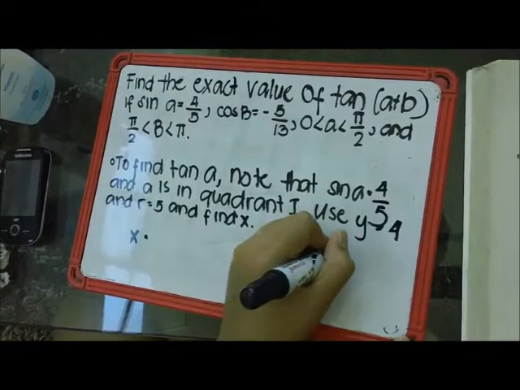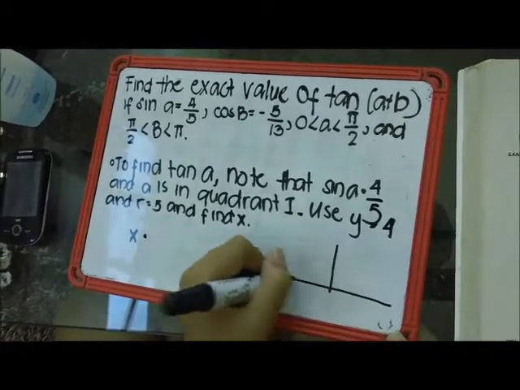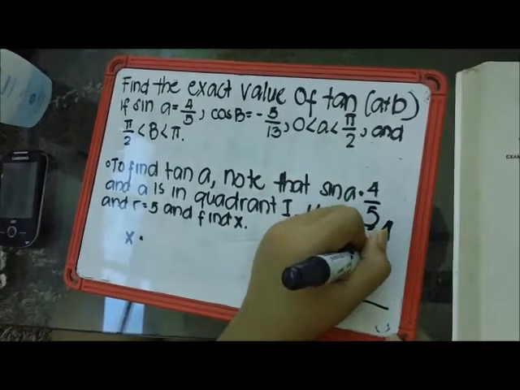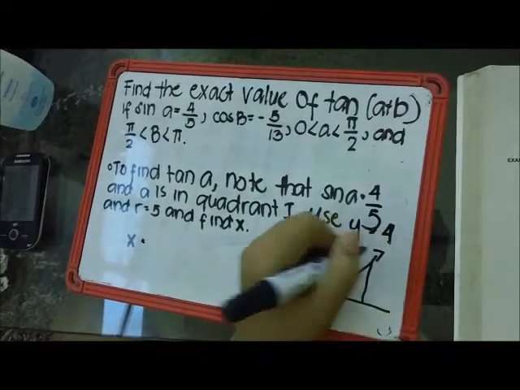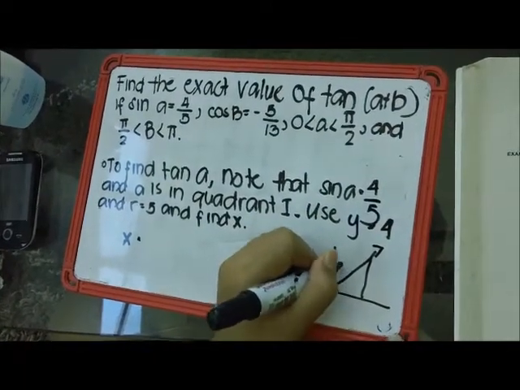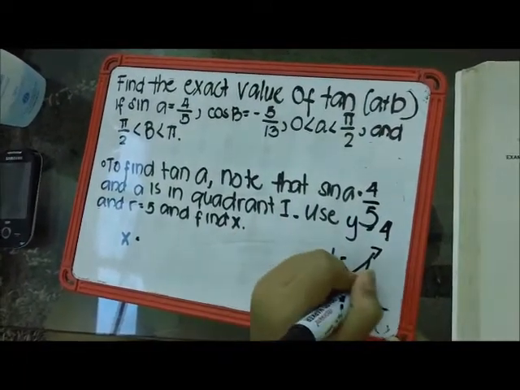We then sketch the triangle with the respective side lengths. X is equal to the positive negative square root of 5 squared minus 4 squared.